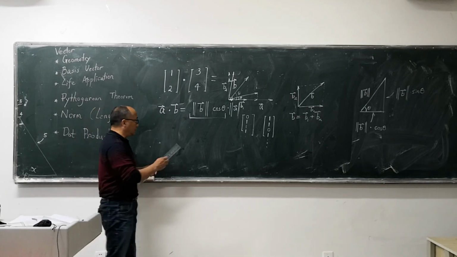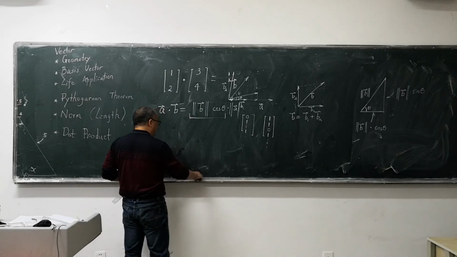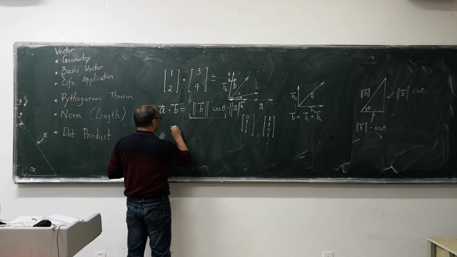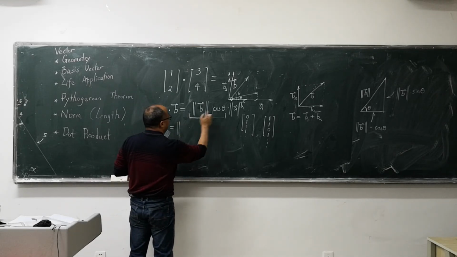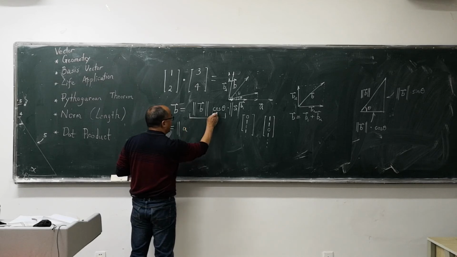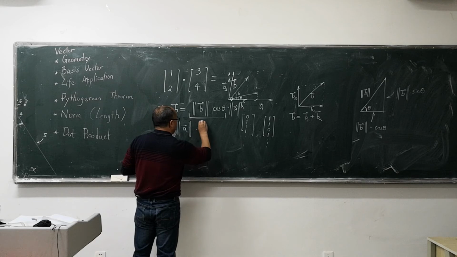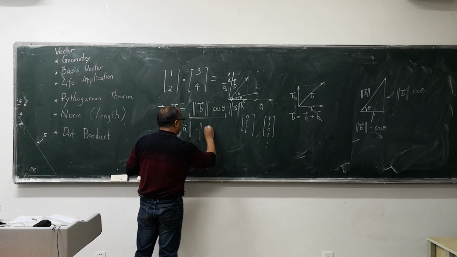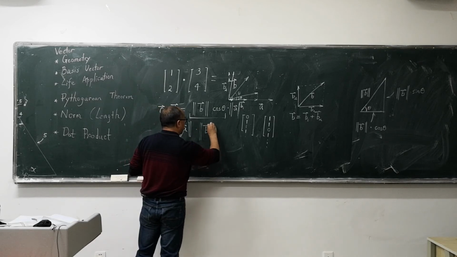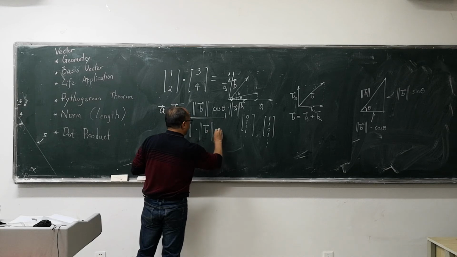To write it in a better way, you can put the length of A and the length of B in front and the cosine theta in the very end.